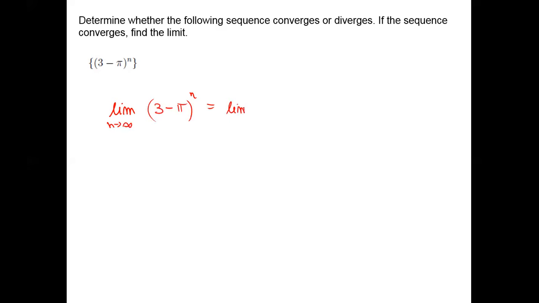And let's investigate the quantity 3 minus pi. Pi is like 3.14. Okay, that's when we can see this number. It's actually, let's say, -1.14. And we do have -1, that's when we have the alternating part.